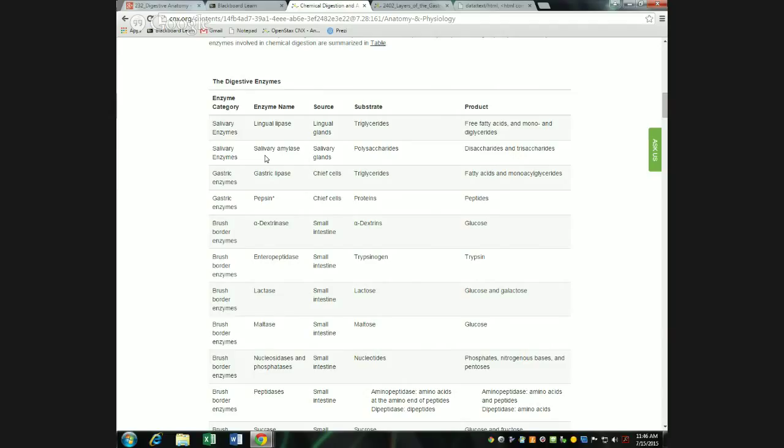So the second item in this table, which I'm not going to zoom in on, is salivary amylase. Amylase is an enzyme that breaks down complex carbohydrates. The root amyl really means starch. So this is an enzyme that breaks down starches. And starches are really just chains of glucose molecules.